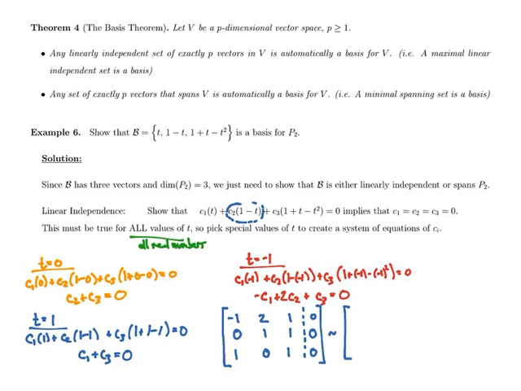We're going to do row 1 plus row 3 into row 3, and that'll give us a negative 1, 2, 1, 0 here. The second one's going to be left unchanged, and the third row is going to be 0, 2 plus 0 is 2, 1 plus 1 is 2, and then a 0.